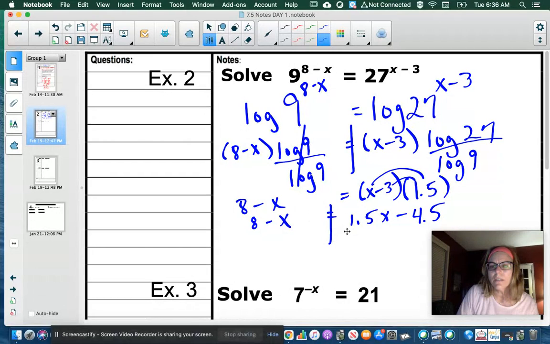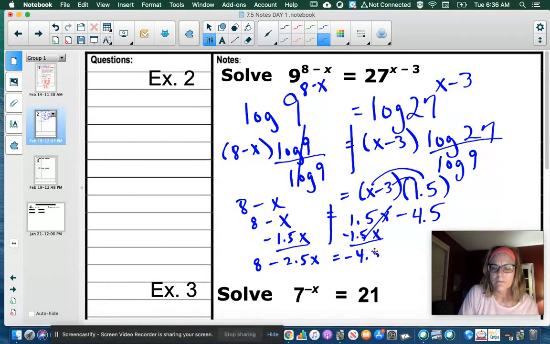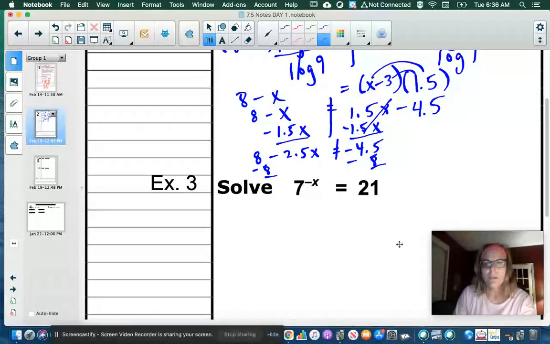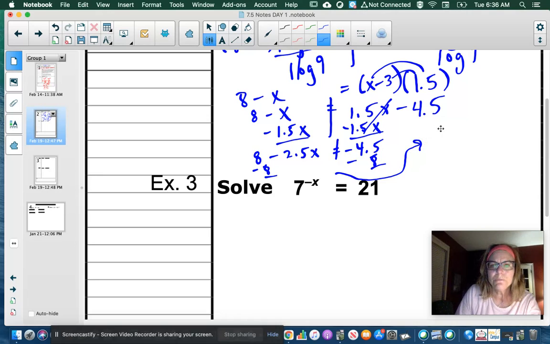All right, now let's bring the 1.5 over to the left side, so that cancels. So now we have 8, and negative 1 minus 1.5 is negative 2.5x, minus 8 minus 8. And what I might have to do here, we're going to kind of move it over here because I'm running out of room.